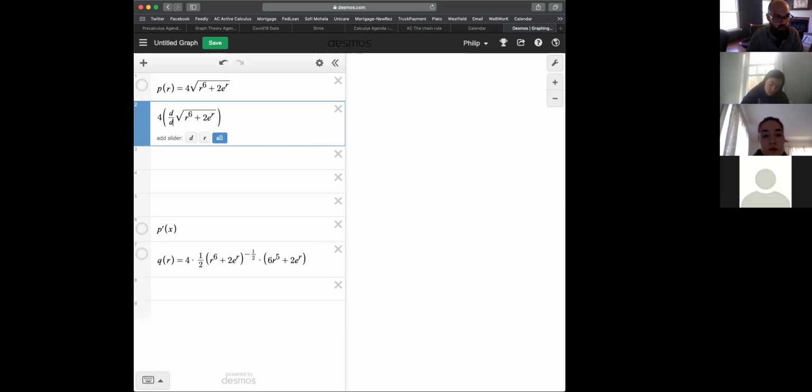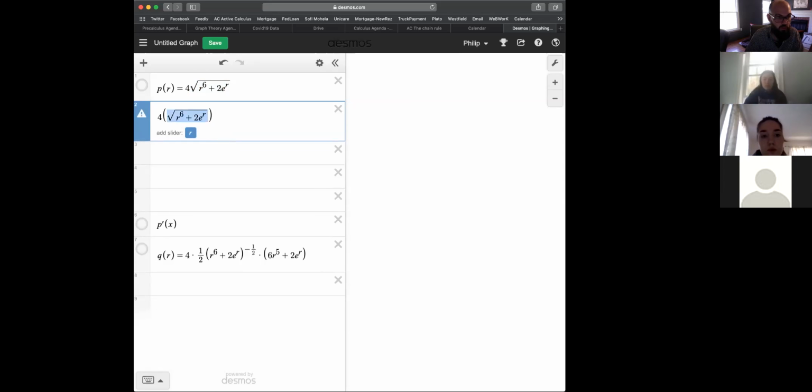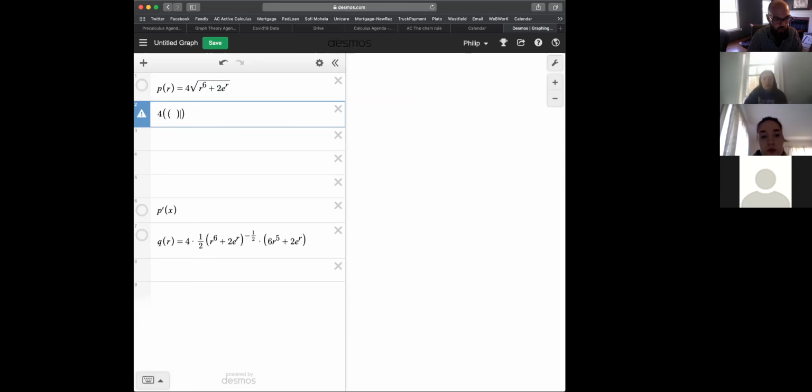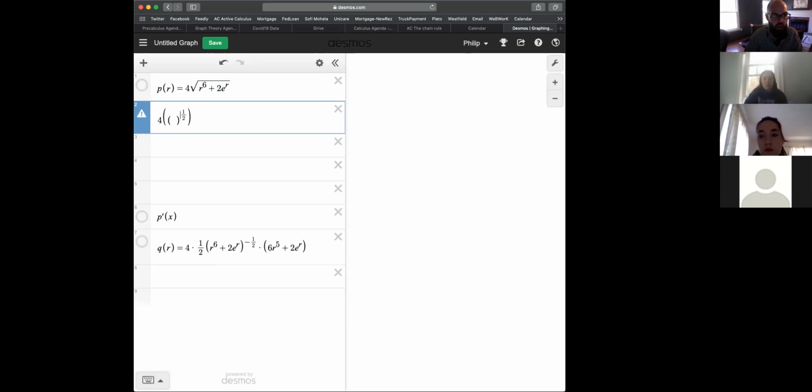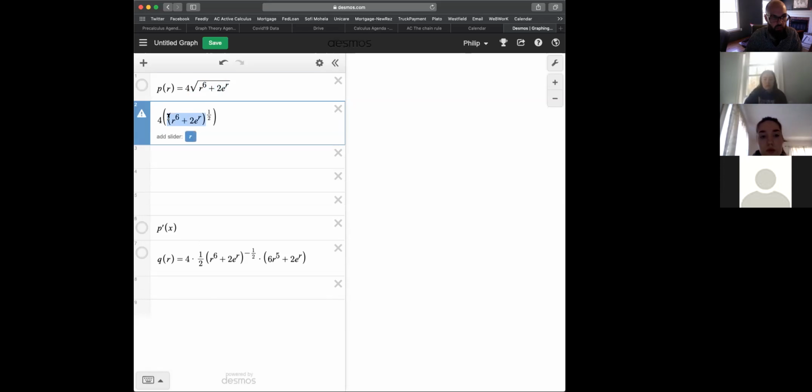The next thing that I'm going to do when I'm taking the derivative of this, I don't actually want to do the square root. I want to view the square root as the 1/2 power. So what I'm thinking about is taking the derivative of this right here. The square root, I rewrite it to the 1/2 power. And for the moment, I'm just going to ignore what's on the inside.